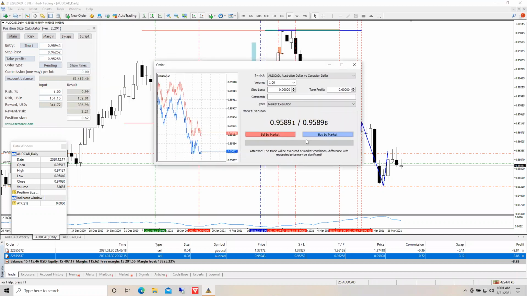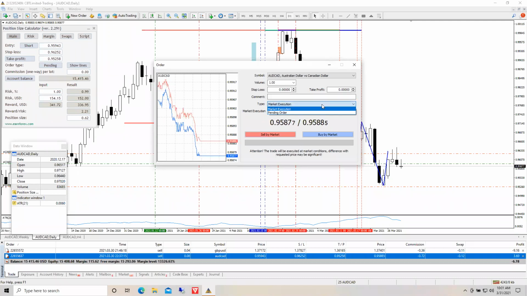All right, so when we talk about order types, the biggest difference most people will think of is between a market execution, which is an instant execution of a trade, as opposed to pending.